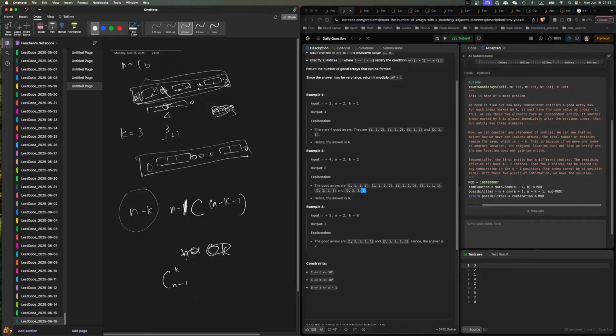And then for each one of them, I have m times (m minus 1) to the power n minus k minus 1. So it's like this: m times (m minus 1) to the power of something, then times the combination, mod. Now it makes sense.